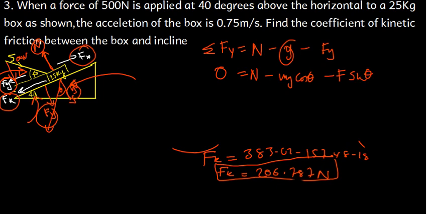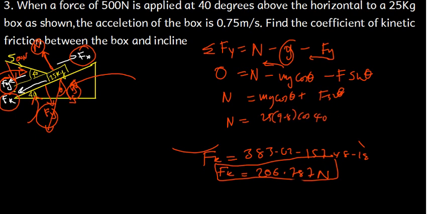So if we have normal force, we take these other forces to the other side. So normal force is going to be mg cos theta plus F sine theta. So the normal force is mg, our mass is 25, and g is 9.8, and then cos the angle is 40, and then plus our force is 500, sine the angle is 40.